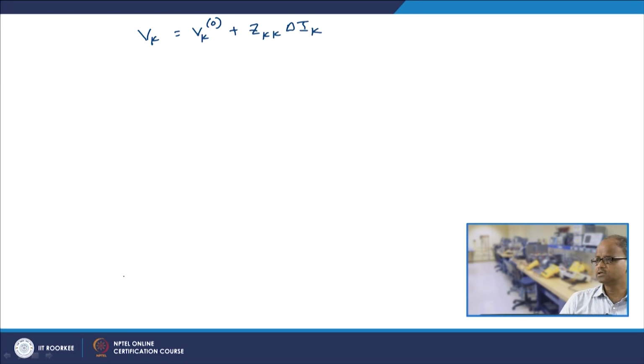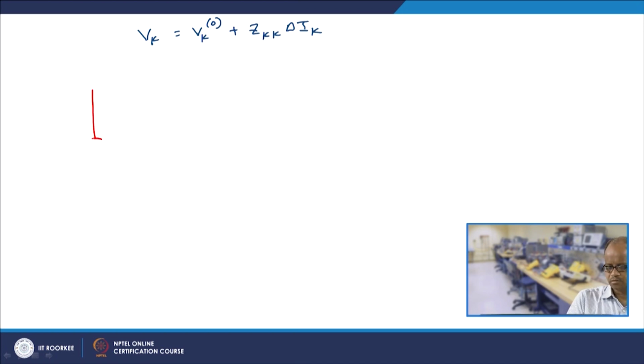Now, the question is how do we represent this particular equation as an equivalent circuit. We can represent this equation as an equivalent circuit, and it would look something like this.